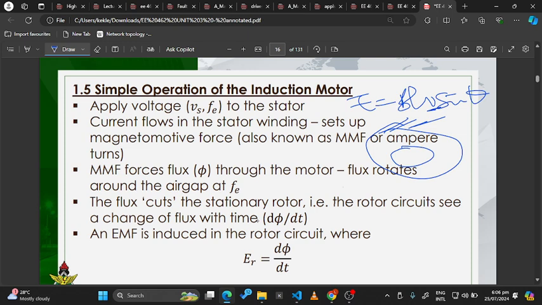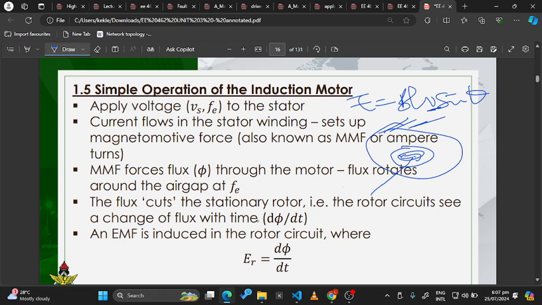If the armature is on the stator, it is stationary. How do we have EMF induced? For a synchronous machine, the supply goes to the rotor, so the poles of this rotor are fixed.